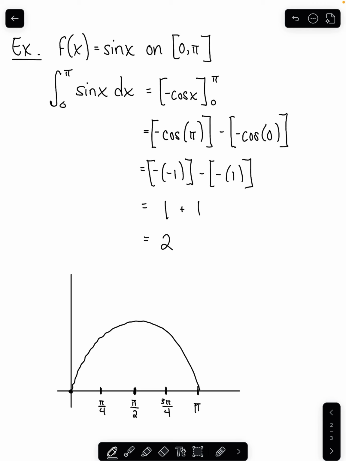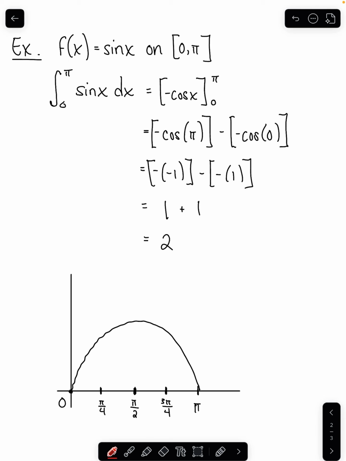Now, if we were using the left and right endpoints, then we would simply be able to use these actual values. But if we're going to use the midpoint rule, then we need to find the midpoint of each of these subintervals, which actually isn't that hard.